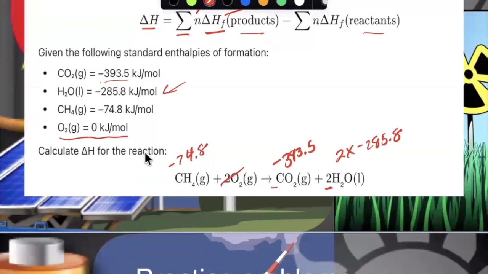Okay, and what I want to do is final minus initial. Let me go ahead and grab a calculator real quick.